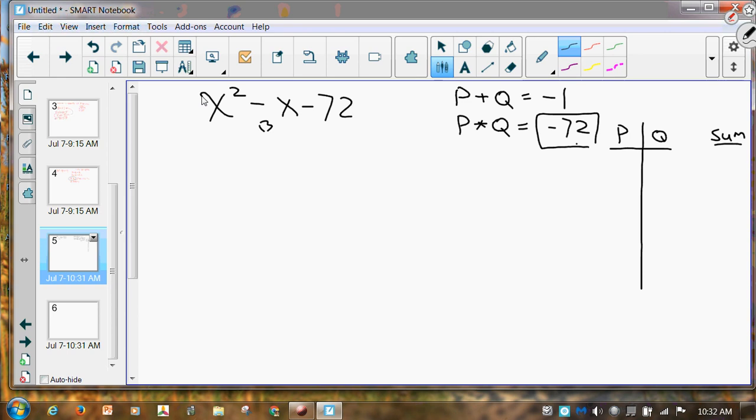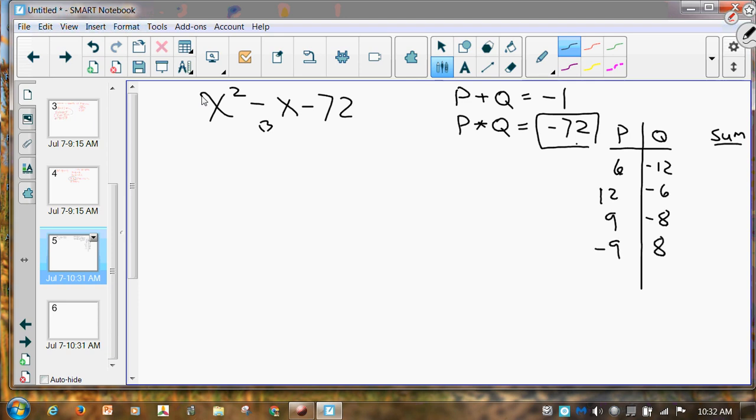From your times tables, 6 times minus 12 equals minus 72, 12 times minus 6 equals minus 72. Some other things we could do, how about 9 times minus 8, or minus 9 times a positive 8.